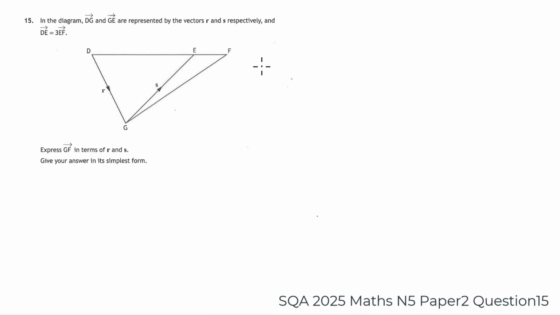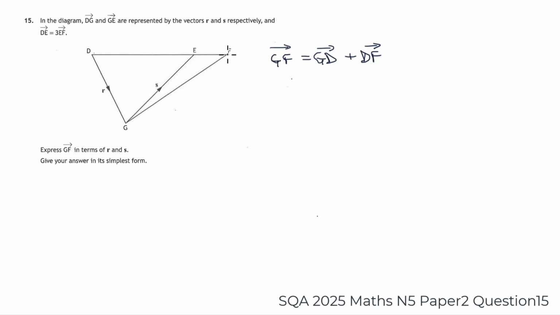So let's start off travelling from G to F. Now we won't go directly from G to F. Let's take the scenic route. The scenic route would go from G to D, followed by D to F. Now you notice that from G to D, that's okay, we can probably work out that.